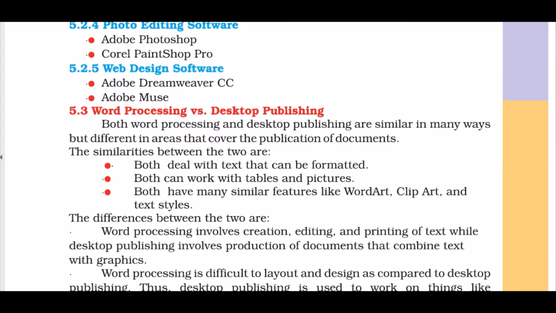What is the difference between word processing versus desktop publishing? As we have talked about, in a word processing software like Microsoft Word, the focus is more on text, not on graphics or images. In a desktop publishing or graphic software, you have more focus on graphics.